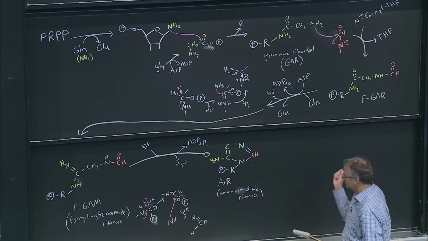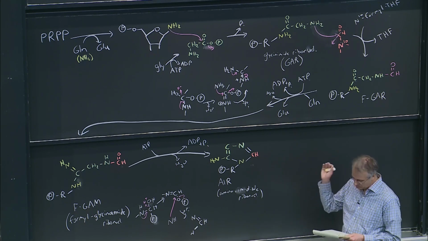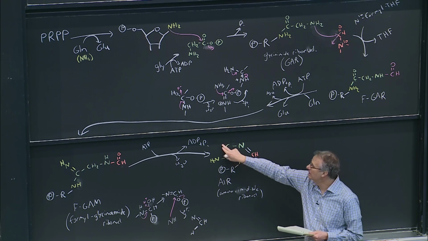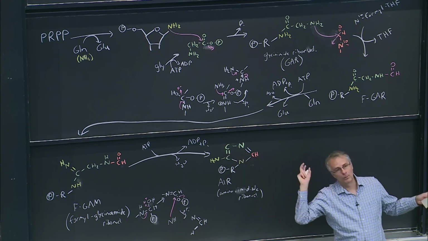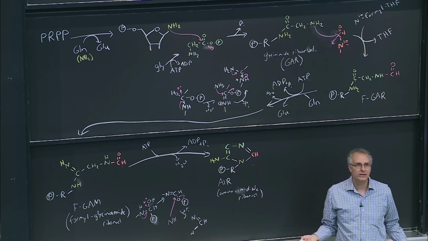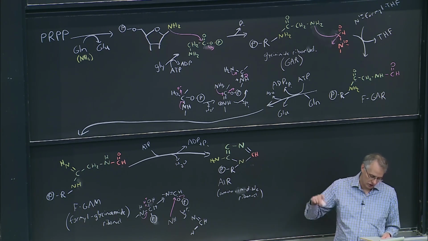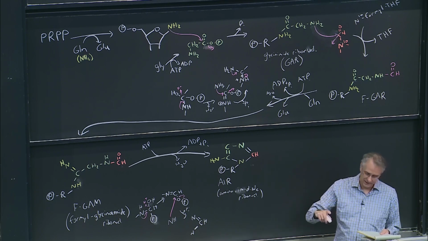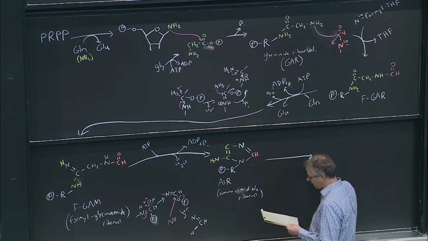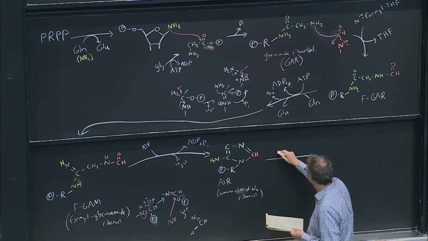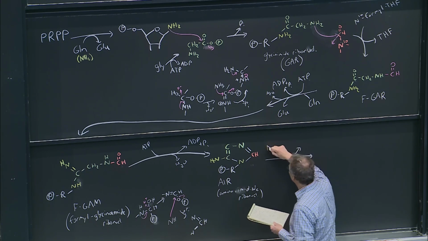The next step is one where we're going to add a CO2 group to this carbon. So that's a carboxylation reaction. You would typically think of a carboxylation reaction to involve biotin. This is one that doesn't. It's an exception to that rule, does not involve biotin, but it does involve ATP.